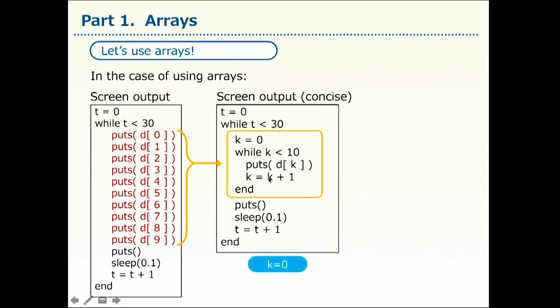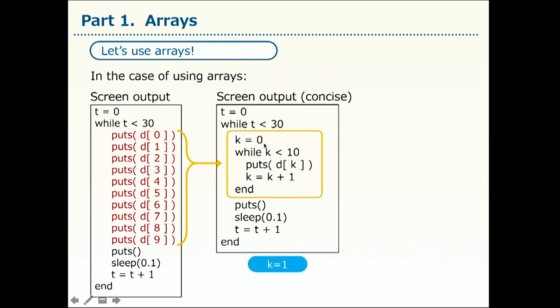Initially, because k is 0, which is less than 10, the computer executes this puts command, that is, output D0. Then the value of k is increased by 1, so k plus 1, that is 0 plus 1, that is 1, is stored in k. Okay.